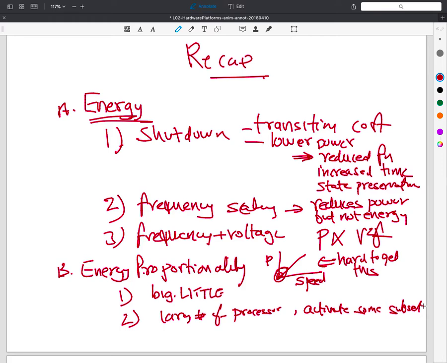Should I turn on one processor? Should I put the workload on a big core just because I'm seeing a spike in workload? All of these things, you're making a guess about the future, and if you're wrong, of course, you're going to pay a penalty. So people come up with all sorts of carefully crafted rules.